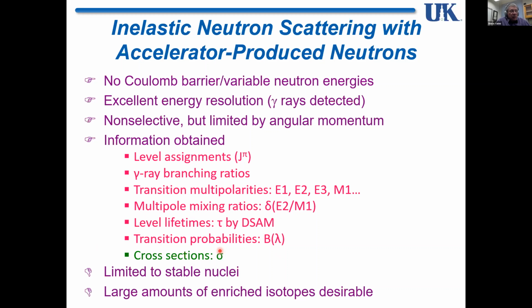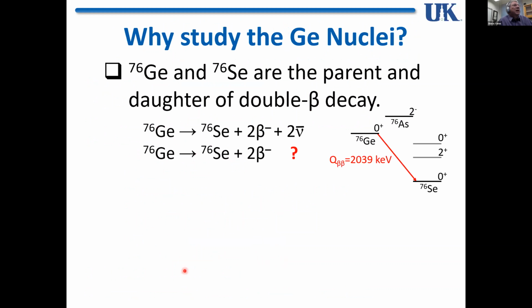This is not because the reaction cross sections are small. In fact, in most cases they're reasonably large, but it's due to the fact that our neutron fluxes are small. These are, after all, secondary reactions. And to make things simple, we would like to have large amounts of enriched isotopes. I'll illustrate in a little bit why that is necessary.